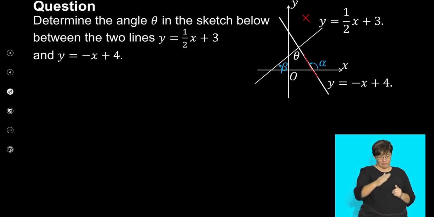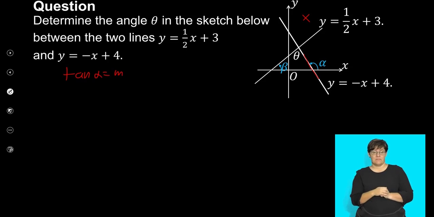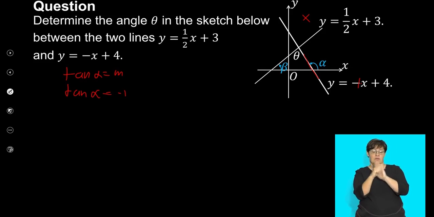Whenever I'm working out the angle of inclination, what am I going to do? I'm going to use this formula: tan alpha, tan of the angle, is equal to the gradient. Now, the gradient of this line is minus 1. And so I'm going to get tan alpha equals minus 1. All right.